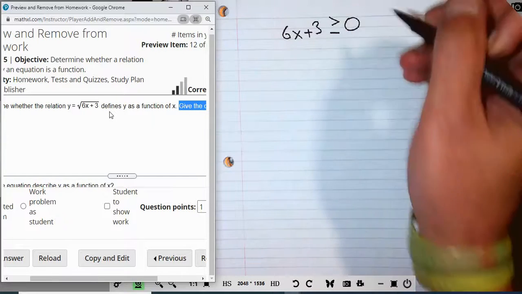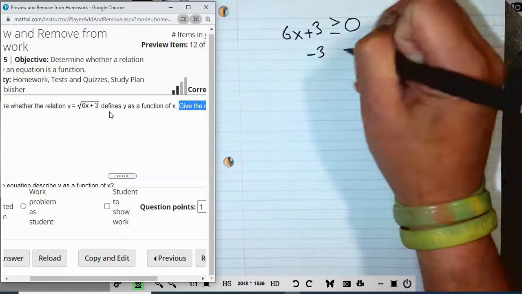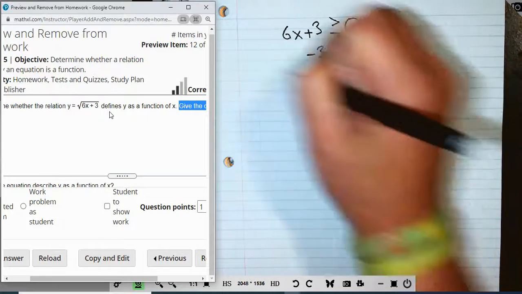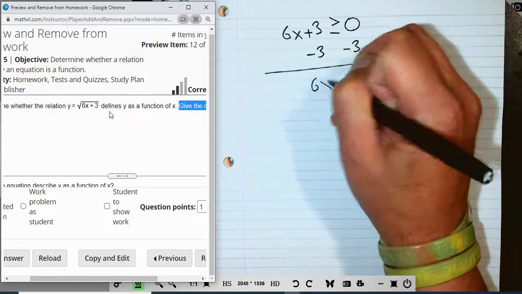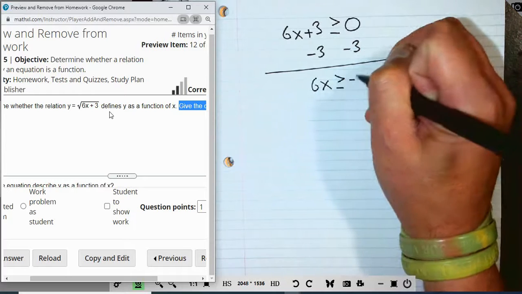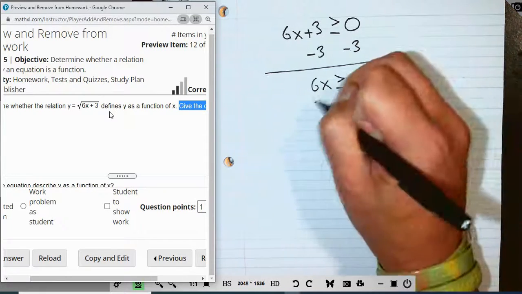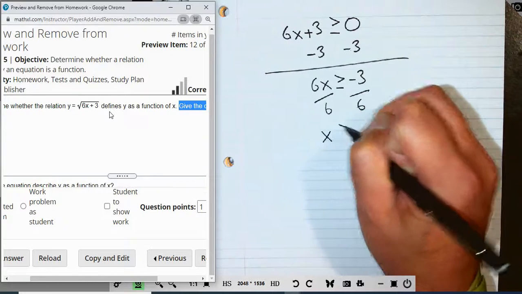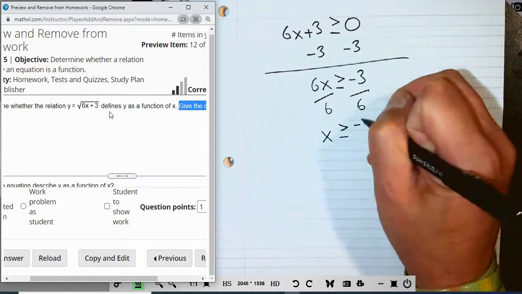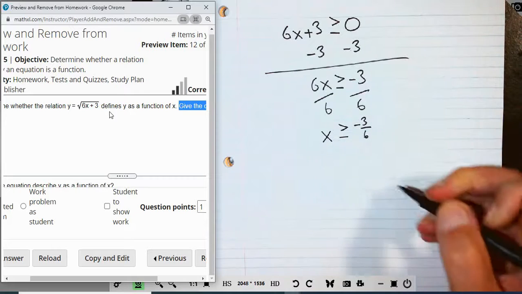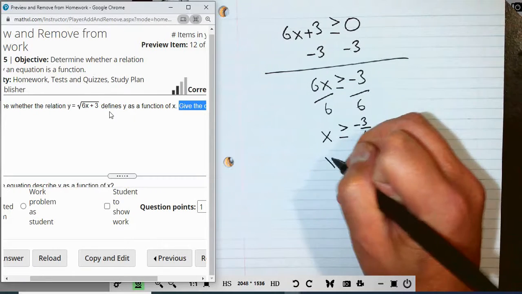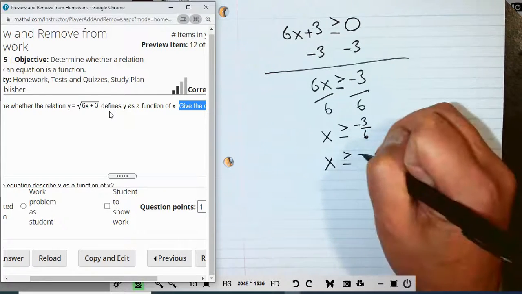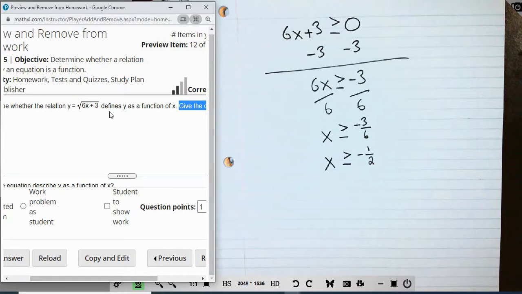We subtract 3 from both sides, and we get 6x greater than or equal to -3. Then we divide by 6 on both sides, and we get x greater than or equal to -3/6. That reduces to x greater than or equal to -1/2.